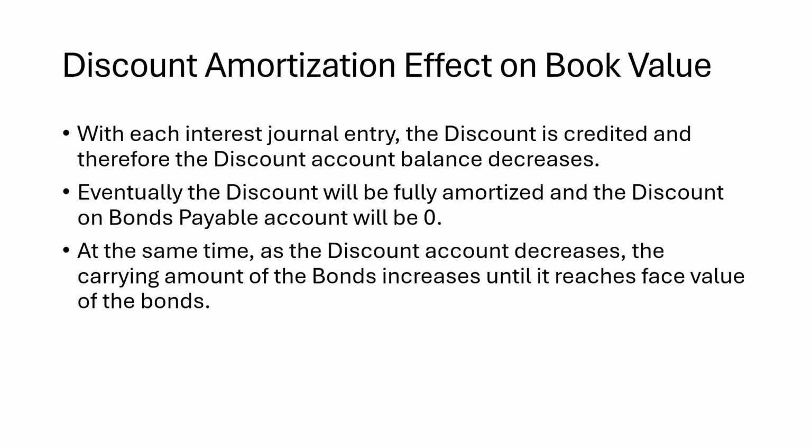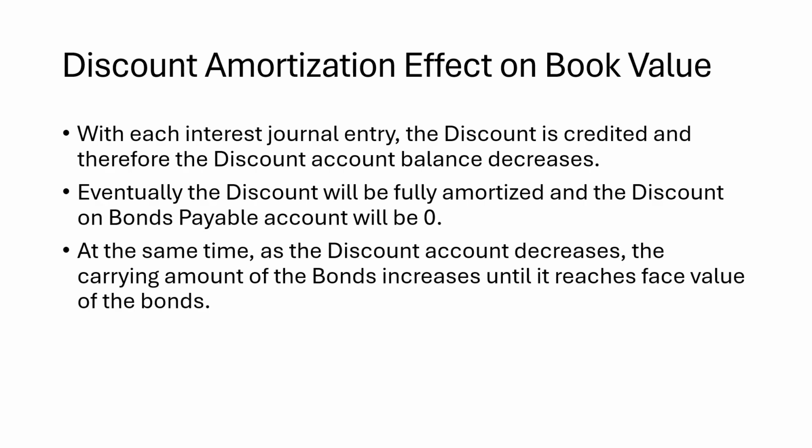So this is how that relates to the book value. We'll just say it's a 5-year bond. That means that over those 5 years, that $100 of discount will be allocated regularly in equal amounts because we're using straight line.